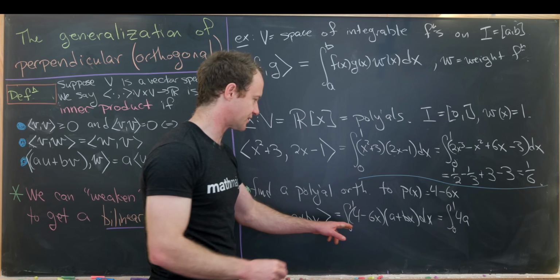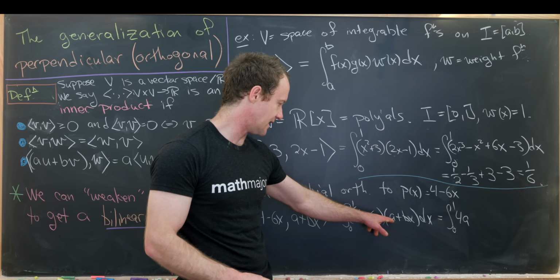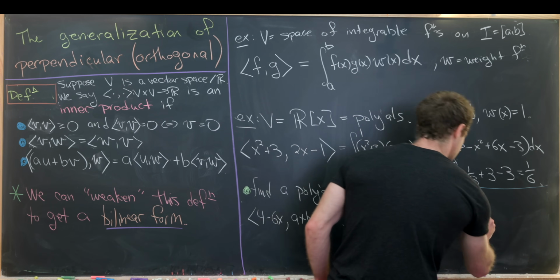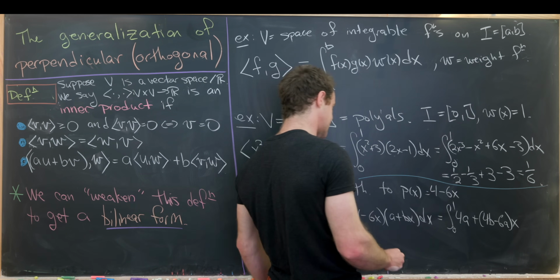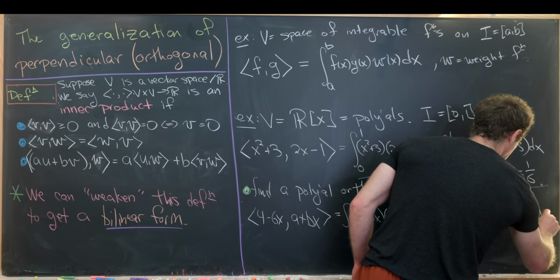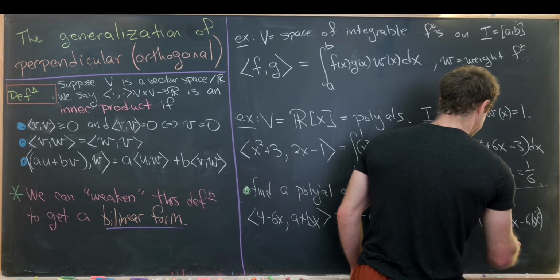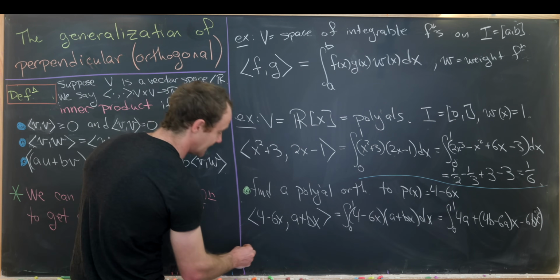And then what's our x term? We'll have minus 6 times a, and then we'll have 4 times b. So maybe we'll write that as 4b minus 6a times x, and then we'll have minus 6b x squared. That's our x squared term. Then integrating that and setting it equal to 0.